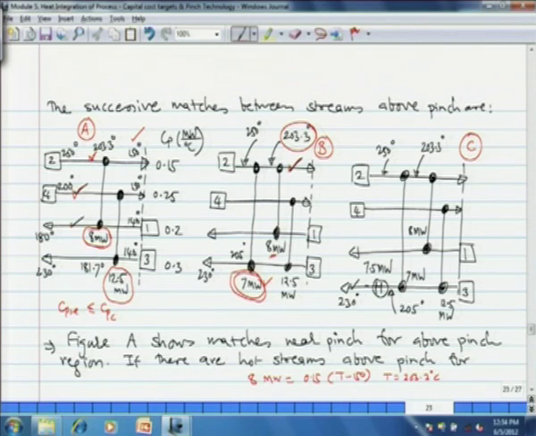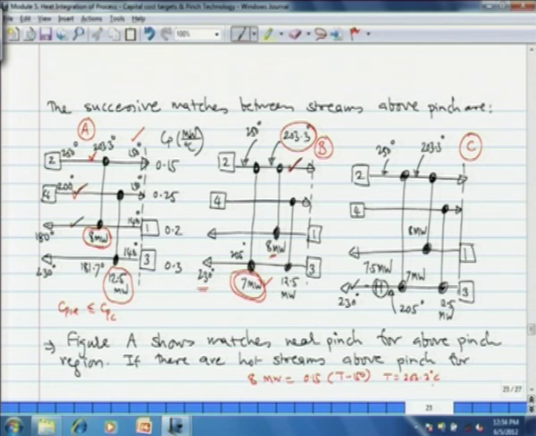That means, now stream 2 has given away all of its heat to the cold streams above pinch region. However, stream 3 still has not met its target temperature of 230 degrees, because only 7 megawatt out of 14.5 megawatt requirement has been given by stream 2.